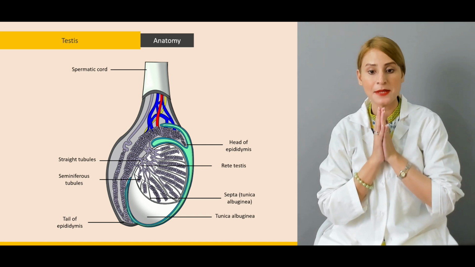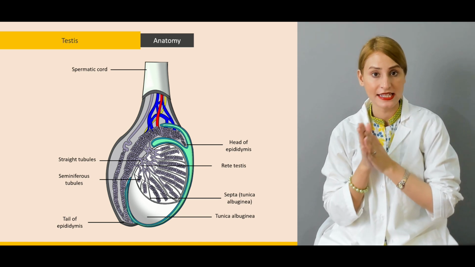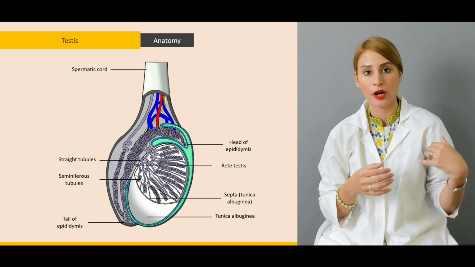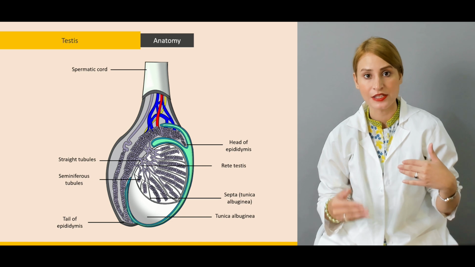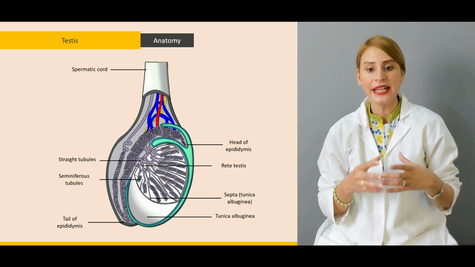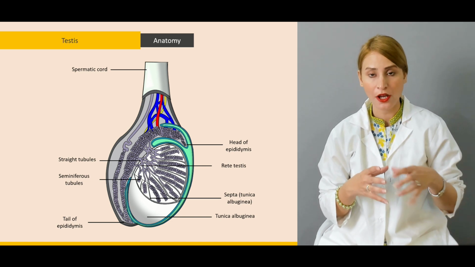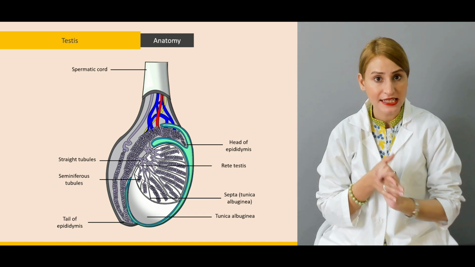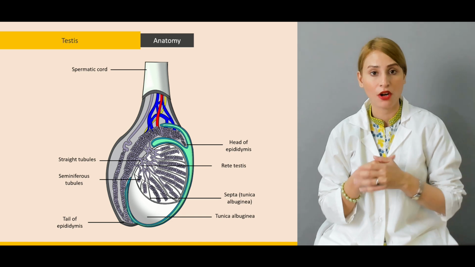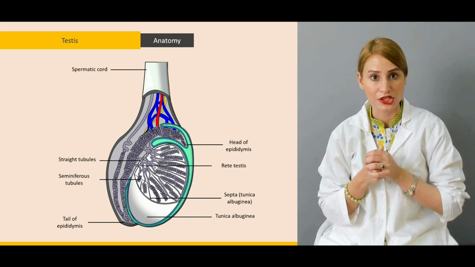But sometimes it happens that the testes do not migrate or descend from the abdominal cavity into the scrotum. Why? You should also know why the testes should be in the scrotum: it's because of the temperature difference.